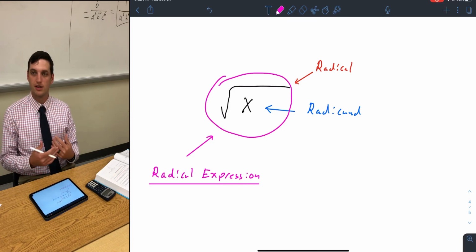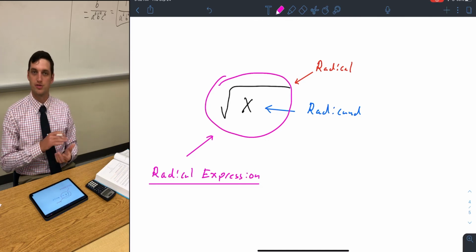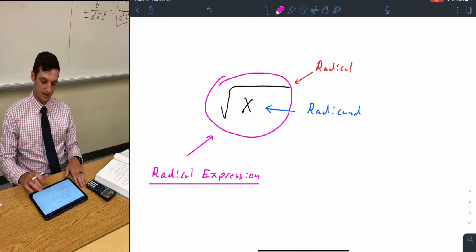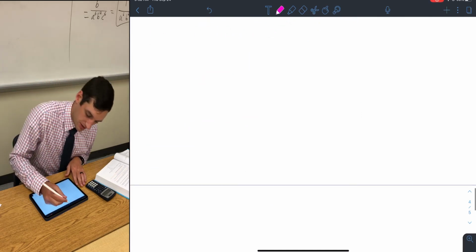So whenever you hear the phrase radical expression, you know that there's going to be some sort of root in there in some form.